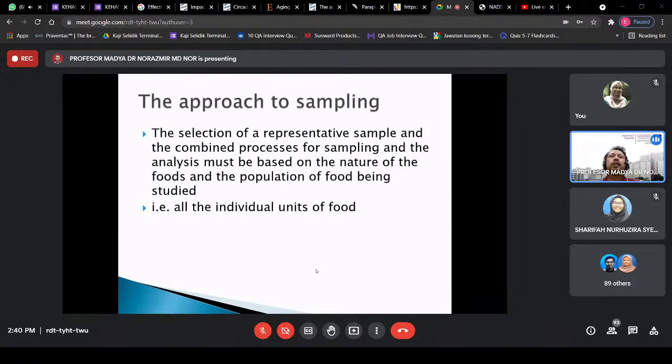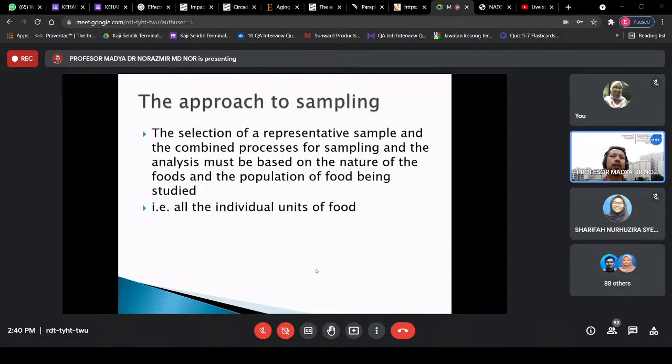So the approach of sampling. What is the approach to sampling? So the selection of representative sample and the combined process for sampling and the analysis must be based on the nature of the foods and the population of food being studied. If the food is liquid, the analysis also must be conducted in liquid form.